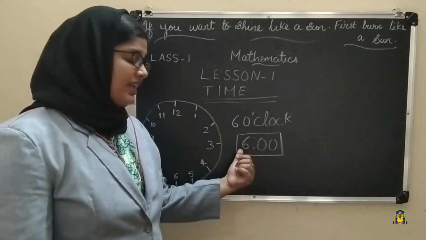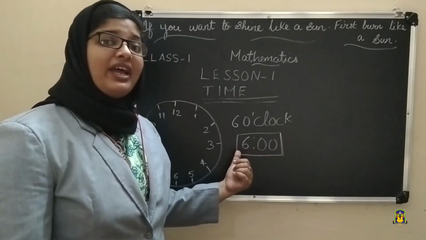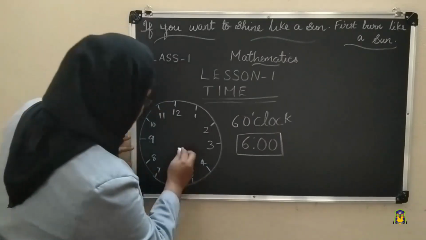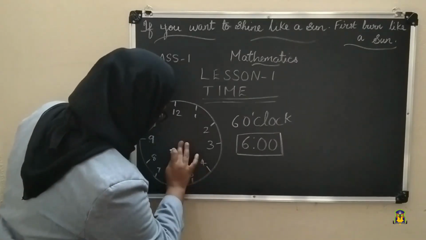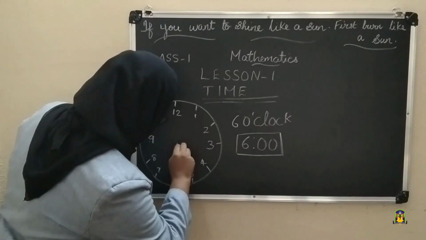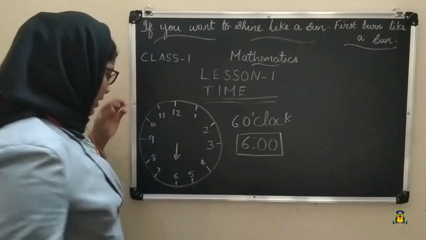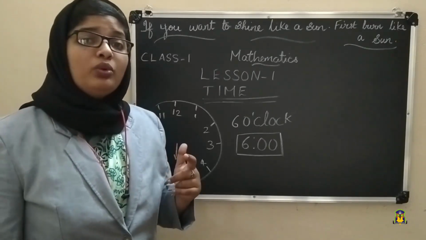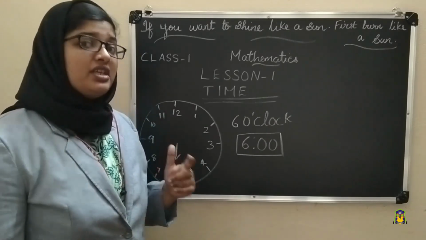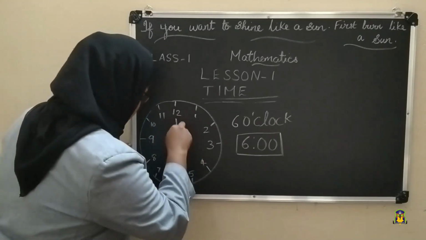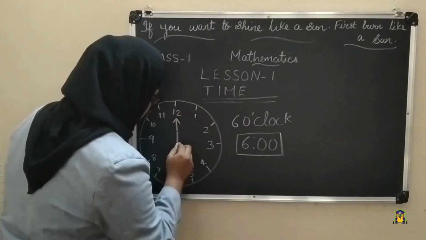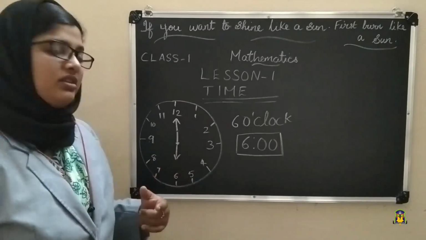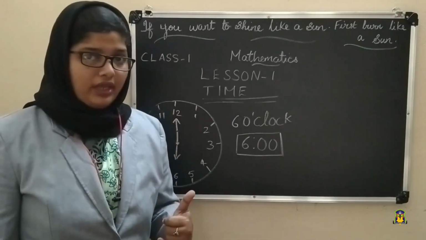Here the time is given, so the hour hand towards 6. Then minute hand towards 12. So minute hand towards 12. This is 6 o'clock. Okay.